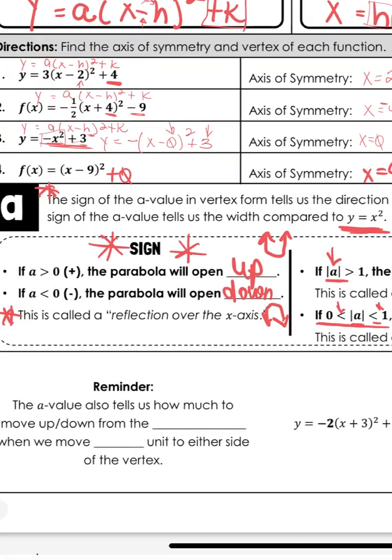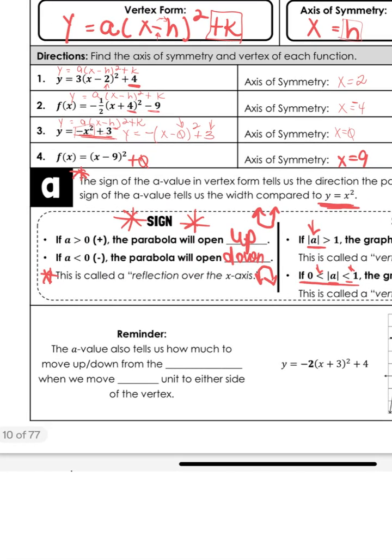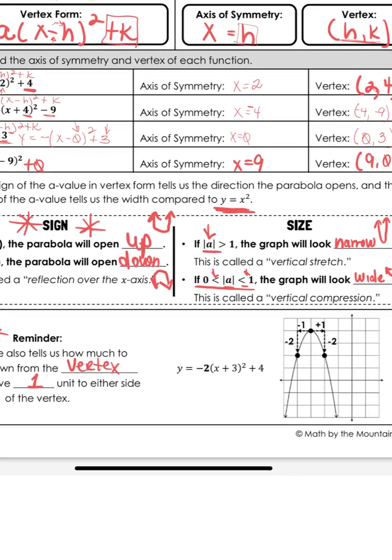Okay? Reminder, the a value also tells us how much to move up and down from the vertex when we move 1 unit or 1 space to either side of the vertex. Right?